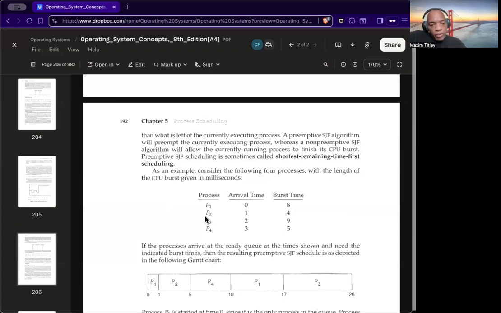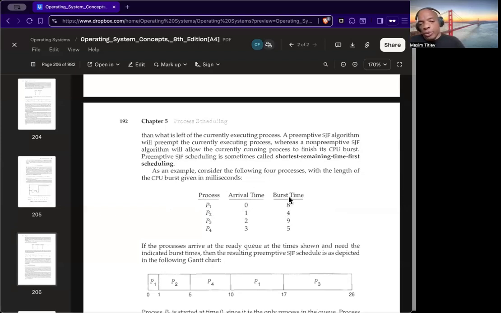So let's suppose that we have these processes. There's an arrival time and then there's a burst time, right? The burst time is how much time it takes up. The arrival time is when the process gets there. Notice that for P2, its arrival time is 1 millisecond after the first process arrives, right?